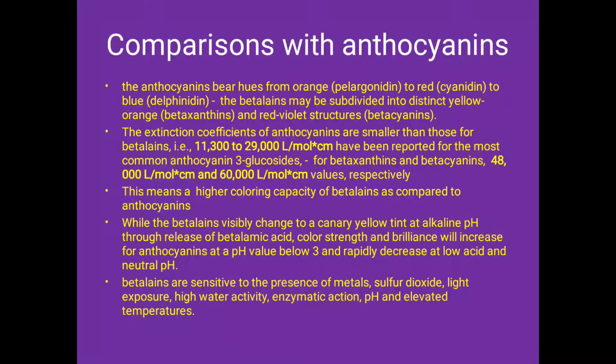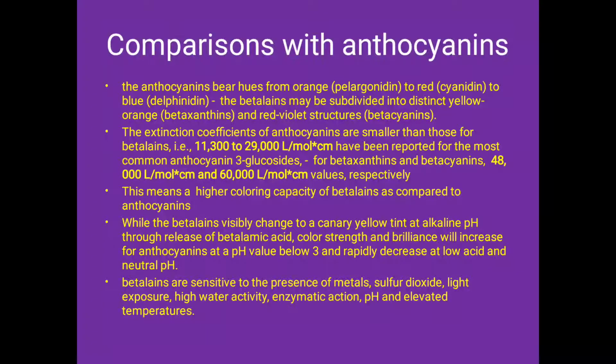Comparison with anthocyanin. The anthocyanin color ranges from orange to red to blue. The betalains may be subdivided into distinct yellow to orange and red-violet structures. The extinction coefficients of the anthocyanins are smaller than those of the betalains. This means a higher coloring capacity of betalains compared to anthocyanin.